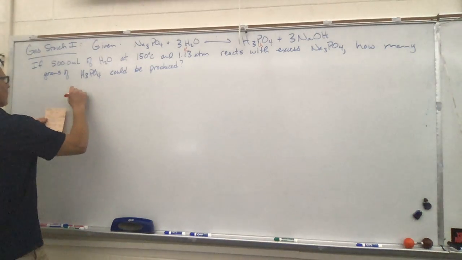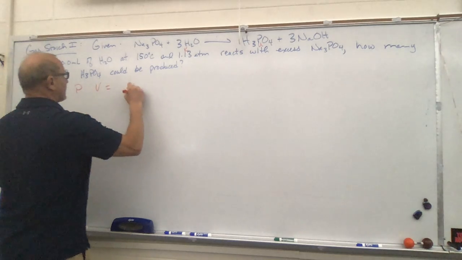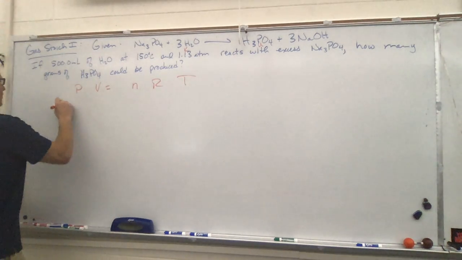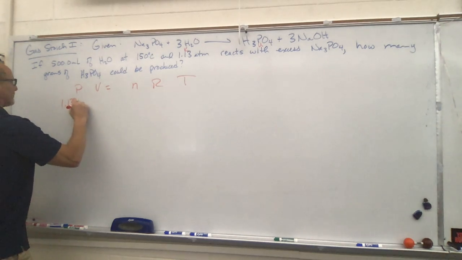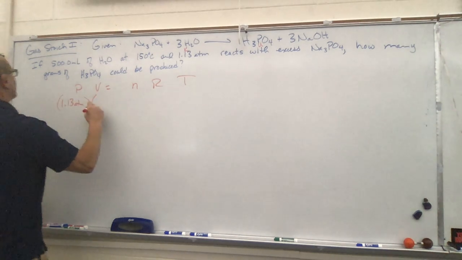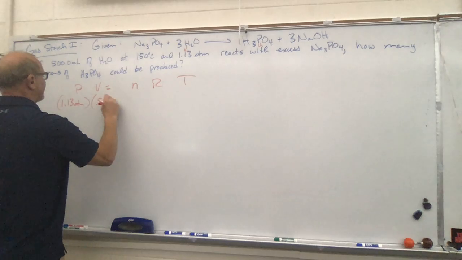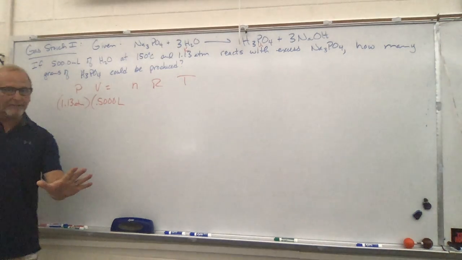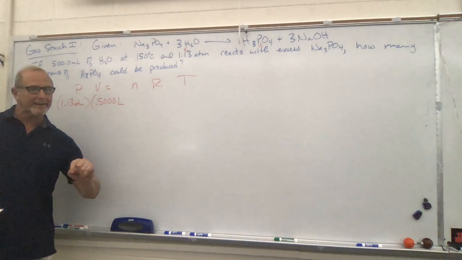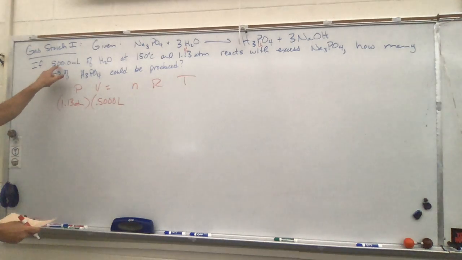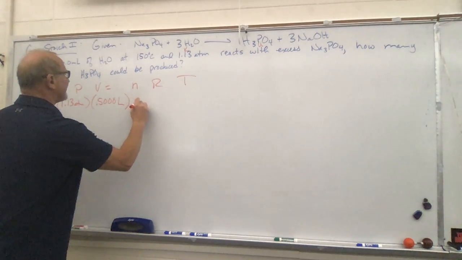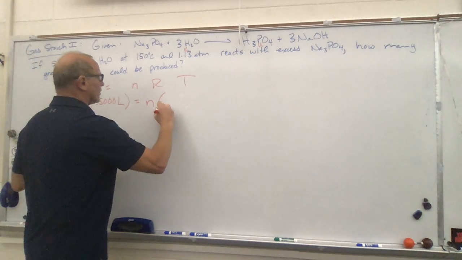Calculate n. We're going to use same old PV = nRT. What's my pressure? 1.13 atmospheres. That was at a volume of 0.5 liters. Take that 500, that 500's in mL, turn that into liters. Slide it over 3: 1, 2, 3. I get 0.5 liters. That's equal to the moles that we're looking for.